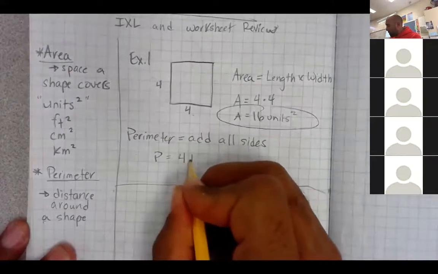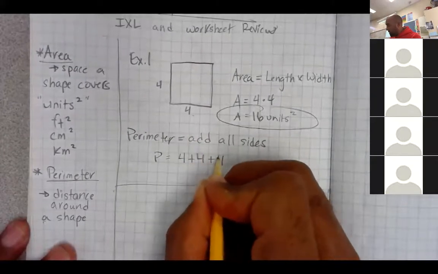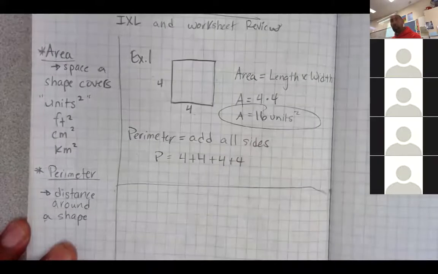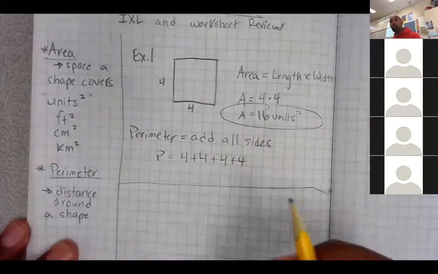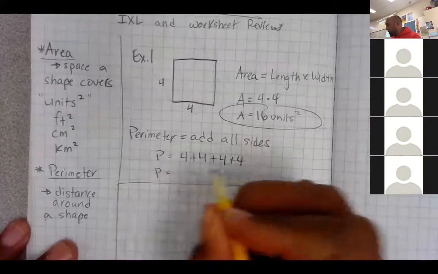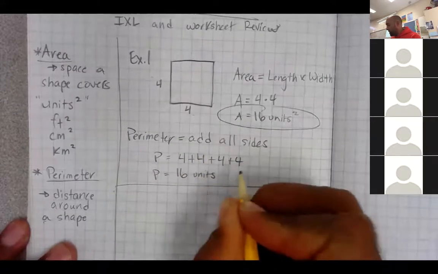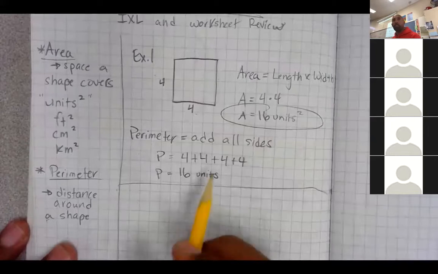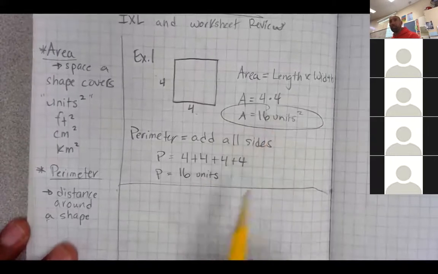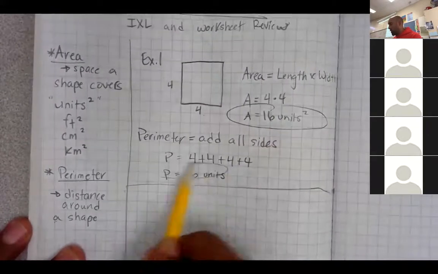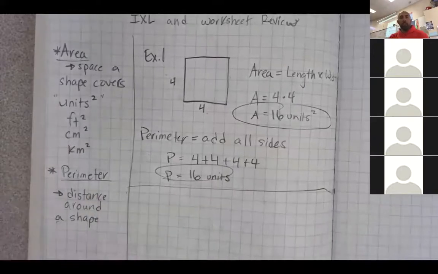So 4 plus 4 plus 4 plus 4, okay? Because I'm going to add up all sides of that shape. So the perimeter is 16 units in this case. And again, it didn't give us a unit, so I just put 16 units. Okay, so that's how we find our perimeter. We just add up all the sides.